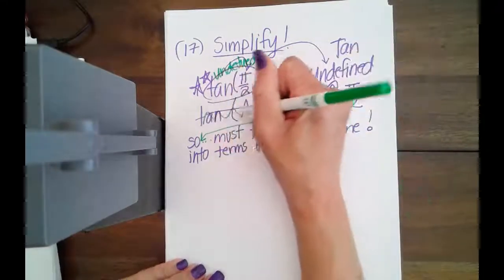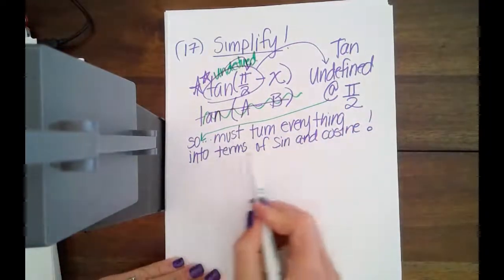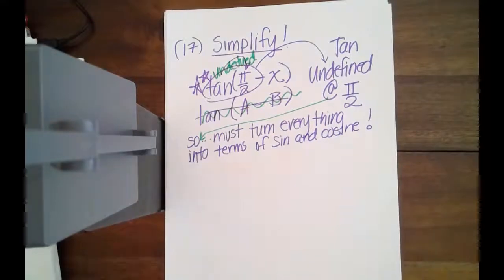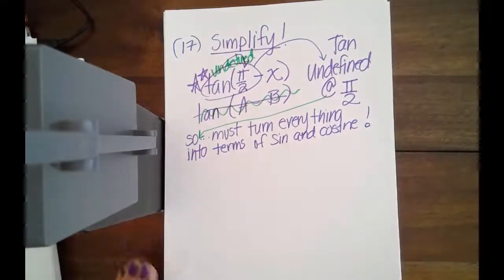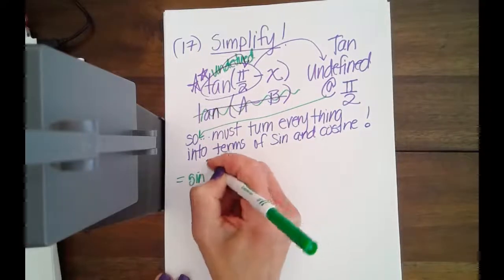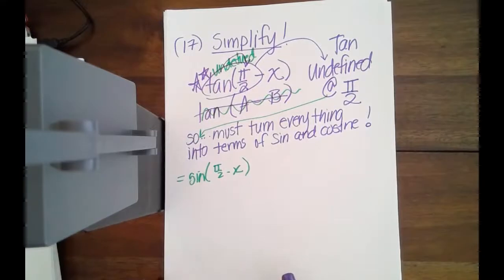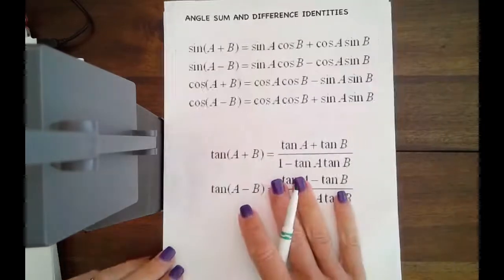So scratch that. What we're going to have to do is turn everything into terms of sine and cosine and rebuild the problem. Upstairs we have the sine of pi over 2 minus x. That's the case with anything that's undefined: you have to restructure it in terms of something that ties into the original but is not undefined.